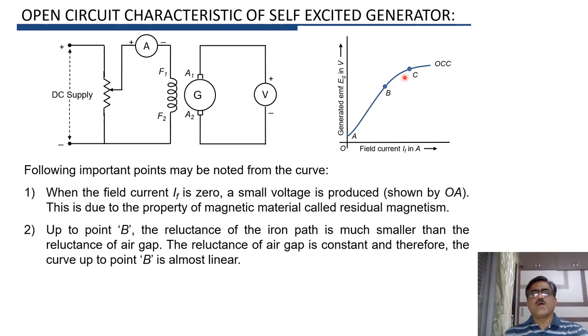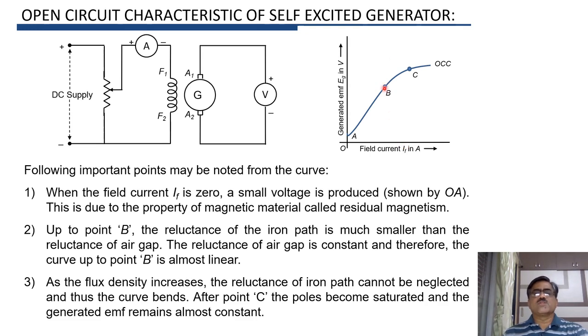But after point B, we have to consider the reluctance of the iron path also, because it is not negligible now, and therefore the curve bends, and after point C the poles get saturated and the generated EMF EG remains almost constant even if the field current IF is increased.